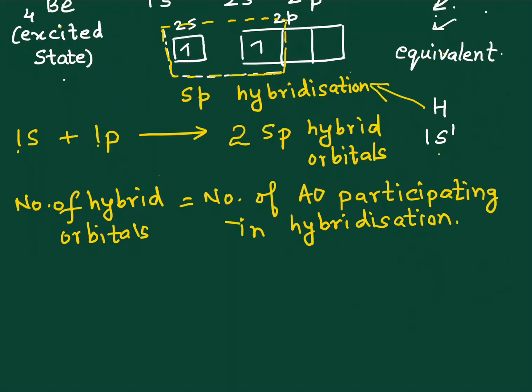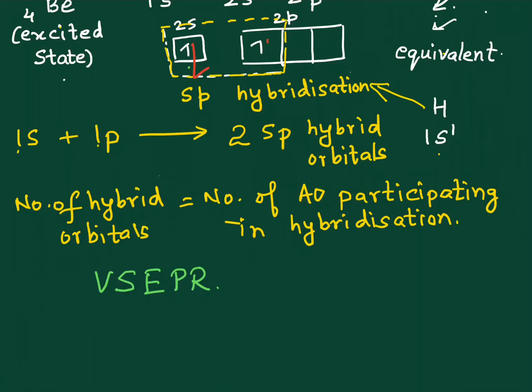Now go back to the concept of what you did in the VSEPR theory, which said that the bond pair of electrons tries to be at maximum distance apart from each other. Now how many bond pairs do I have? Because this beryllium is undergoing bond formation with 2 hydrogen atoms.